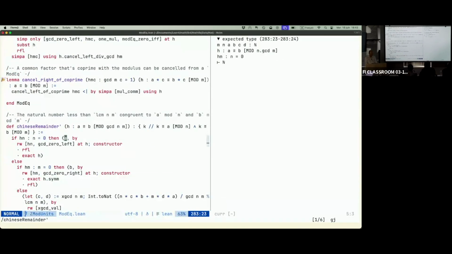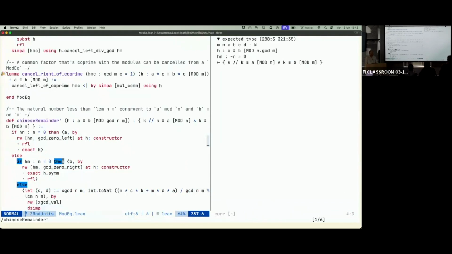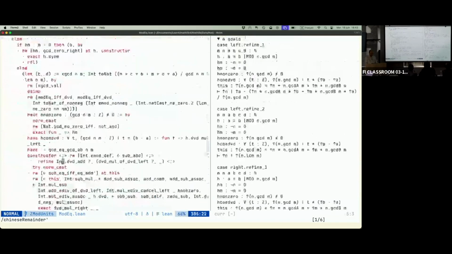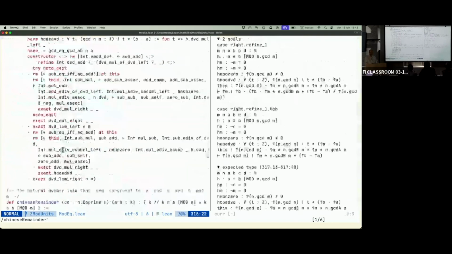So it's this stuff. Oh my God, I'm totally confused with my editor now. Okay, so well, at least that stuff. That stuff when n is 0, and when n is non-zero, it's the subcase, what happens if m is 0, and then the final case, which is a proof which is not so short.